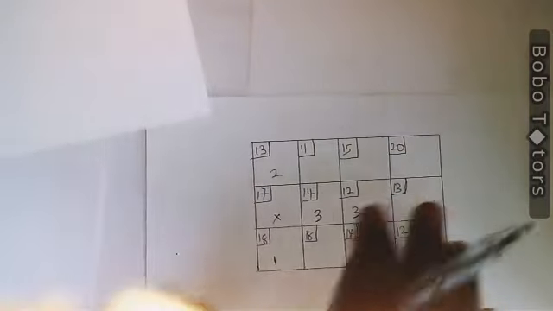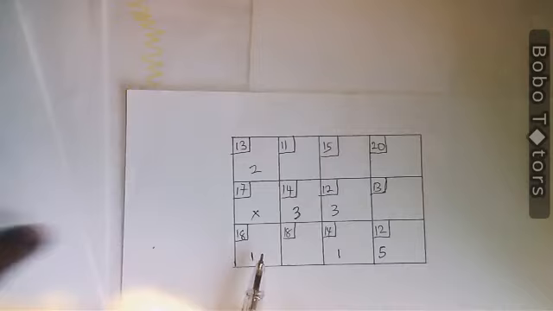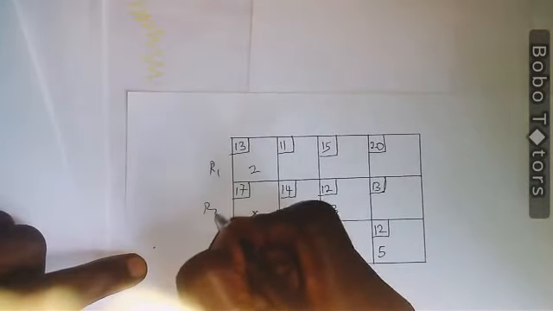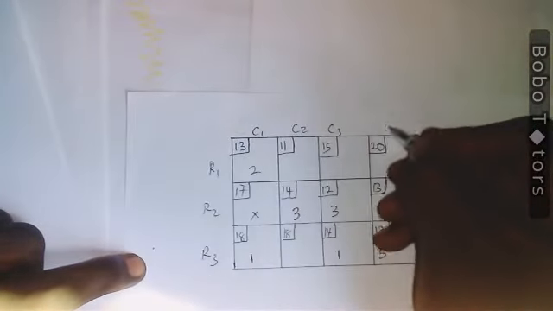Having done that, we are now going to start all over from how we are doing shadow cost of allocated cells. Remember that you must always satisfy the condition row plus column minus 1 must give you the number of allocated cells. Row 1, row 2, row 3, column 1, column 2, column 3, column 4.